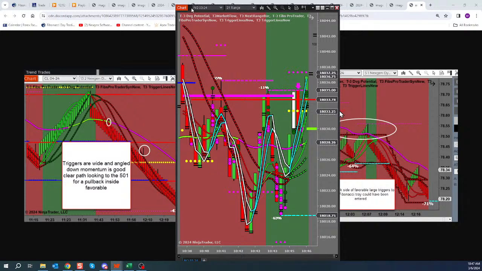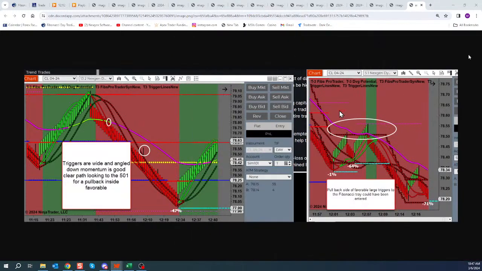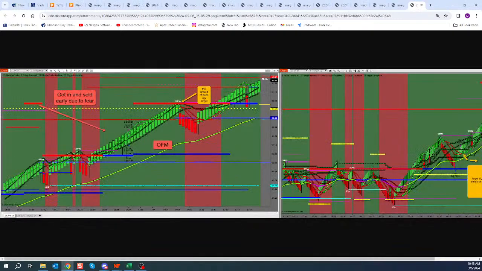But if I remember to let the large chart lead the way, my day goes pretty effortless. So just like Rob's showing here, when everything is down and strong, it's pretty easy. When the path is clear, it's pretty easy. And then every one of the advantages that you give up, you begin to create a little more difficult scenario. You need a little different management, all that good stuff.